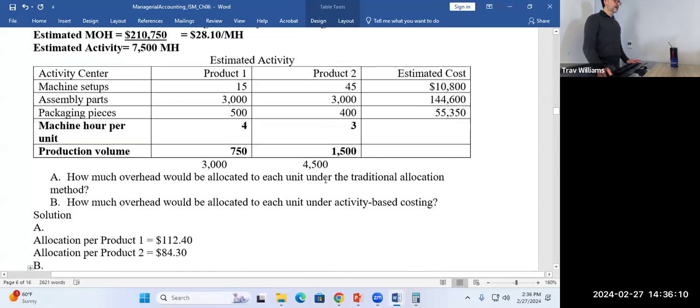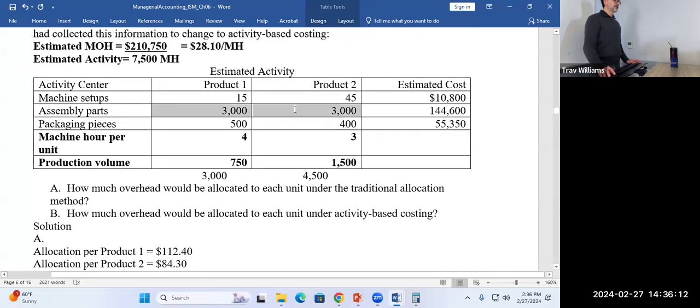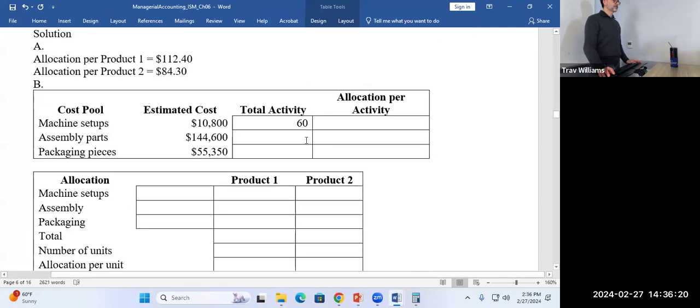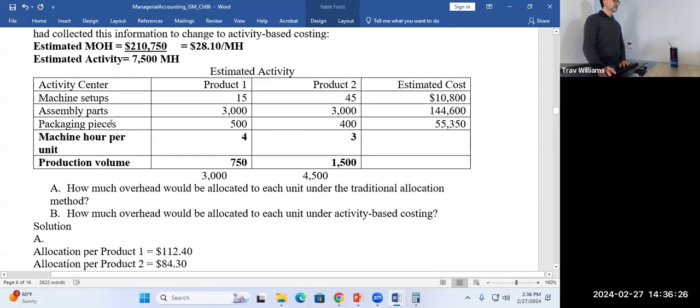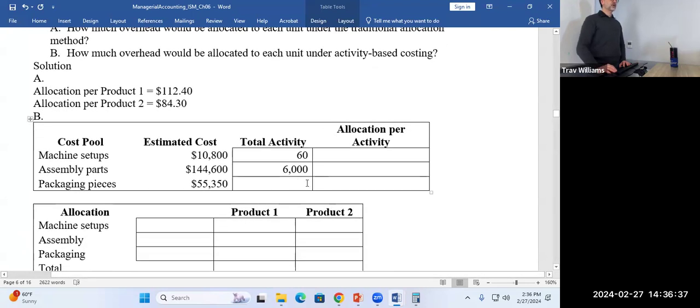Now for the assembly of parts, it's 3,000 per product type, so we'll add those together, we get 6,000. And for packaging pieces, it's 500 for product one, 400 for product two. That's a total of 900 packaging pieces.